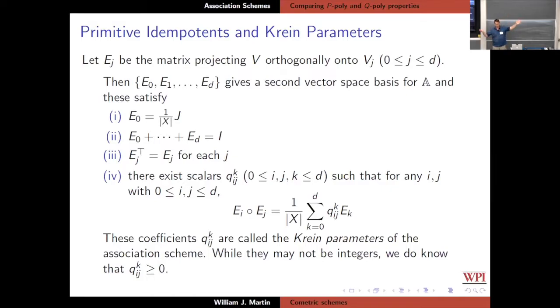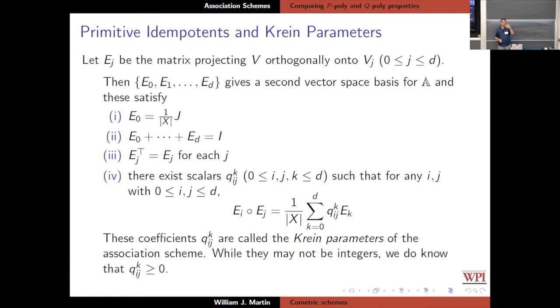That is, each of the graphs is regular, so the all ones vector is a common eigenvector. The projection onto the all ones vector is always one of these E's, and we always call it E0. So E0 is a scalar multiple of the all ones matrix. The projection onto the entire space is the identity matrix, so if you sum all the E's, you get the identity matrix.